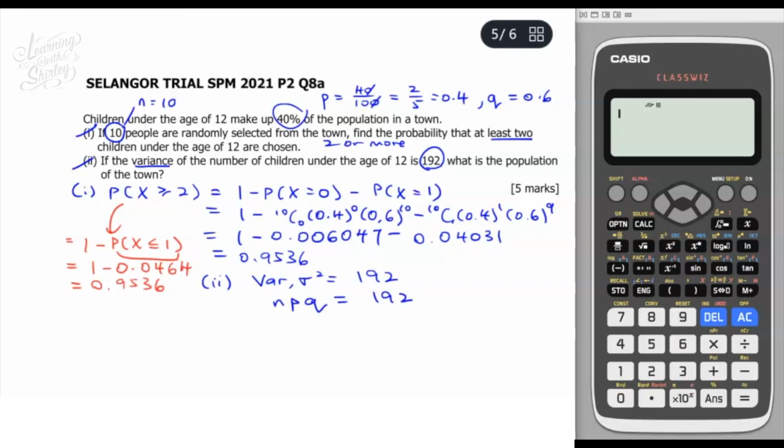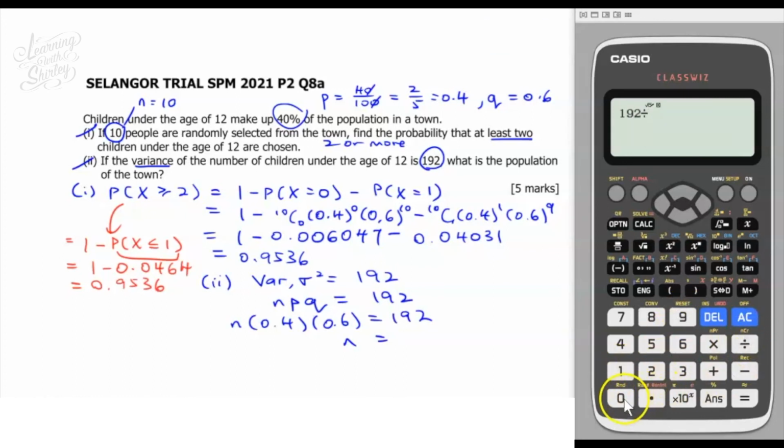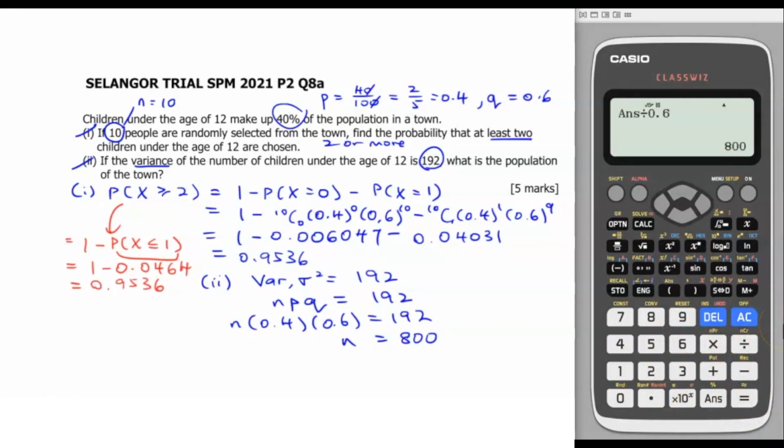We're going to sub in the P value and the Q value: P is 0.4 and Q is 0.6. In order to find N, I'm going to use 192 divided by 0.4, then divided by 0.6. Then equals, so you will get 800. So your N is 800 and this answer is correct.